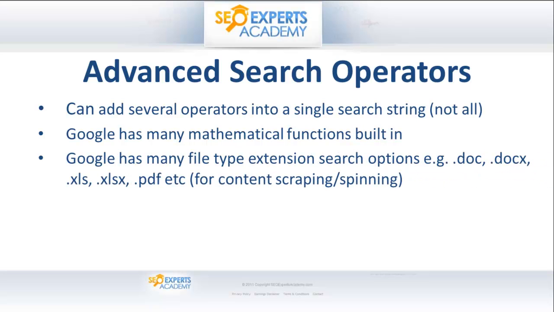Now, Google also has many different file type extension search options. For example, you can search for Microsoft Word documents or Excel spreadsheets or PDFs or PowerPoint presentations and quite a few others. The main reason you might want to use those is if you're looking for good content, if you're looking to scrape some content from somewhere and spin it, for example. These are quite good options because you're filtering out a lot of what tend to be less valuable content sources.